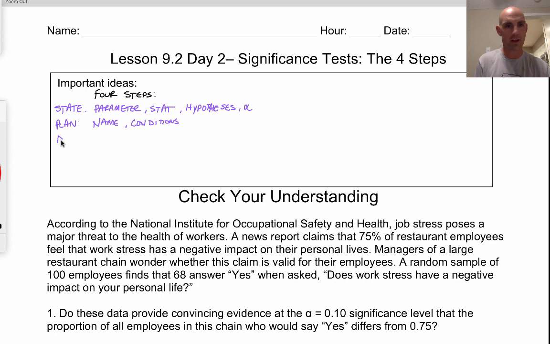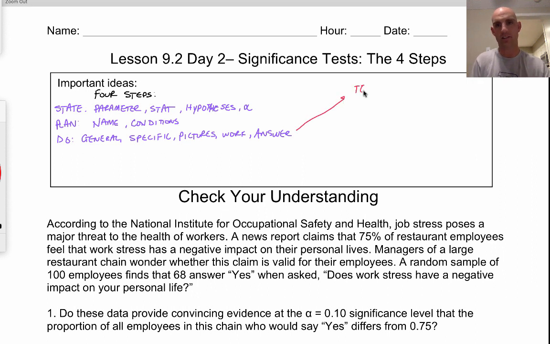So what I'm going to do is draw some pictures, do some calculations, and show some formulas to show what it is exactly that I'm doing. To do that, I need to talk generally, then I need to get specific. I also need to have pictures, work, and I need to have my answer. One of the parts is going to look like finding the test statistic.